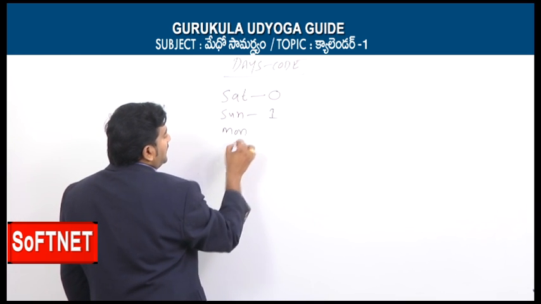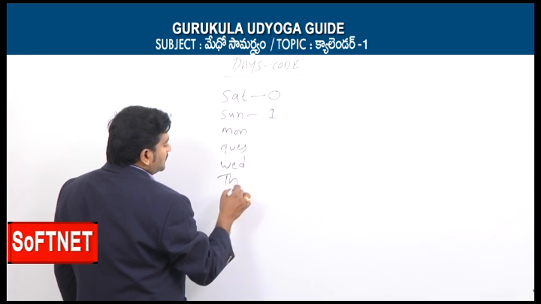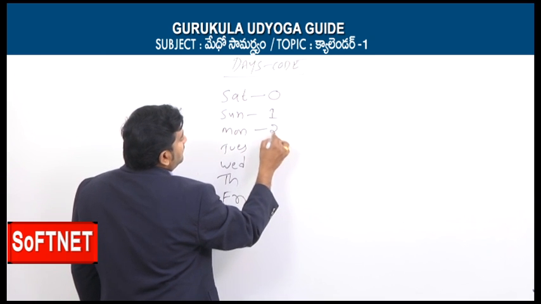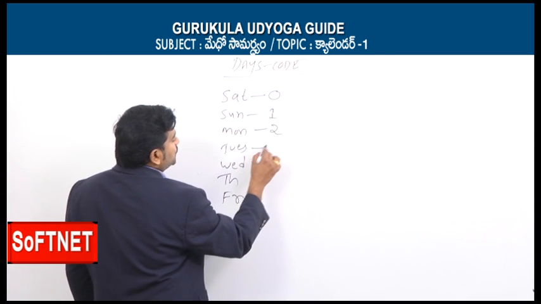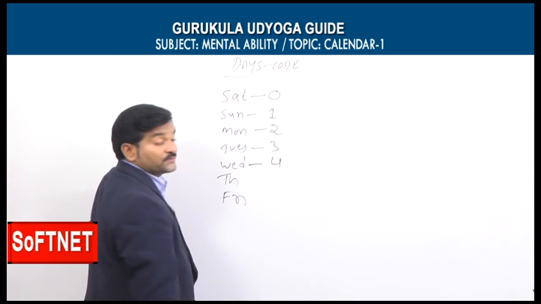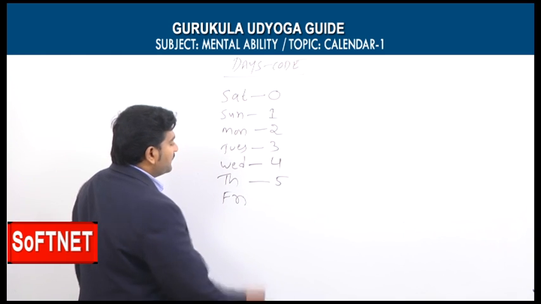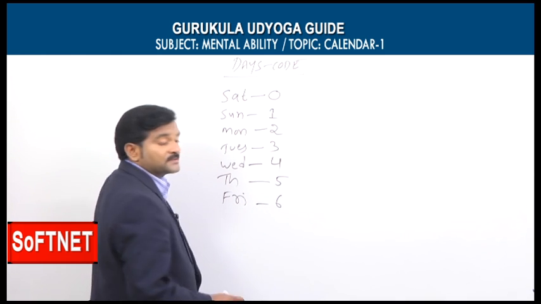Similarly Monday, Tuesday, Wednesday, Thursday, Friday. Monday is 2, Tuesday is 3, Wednesday is 4, Thursday is 5, and Friday is 6.